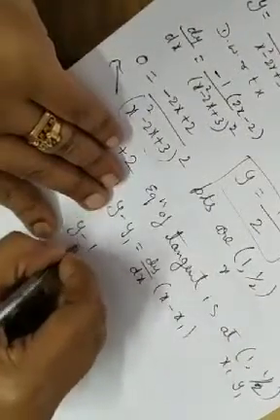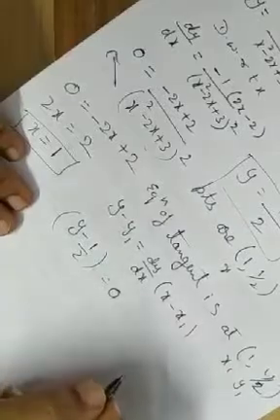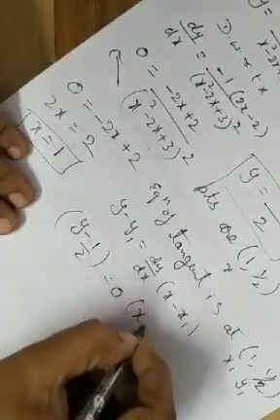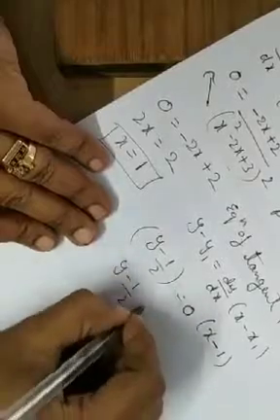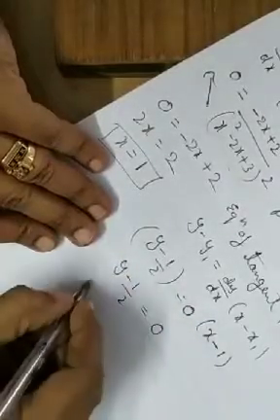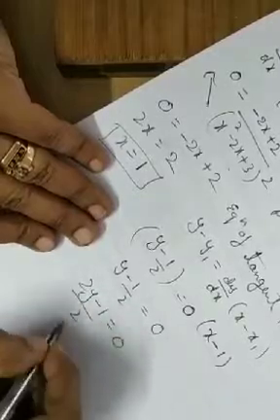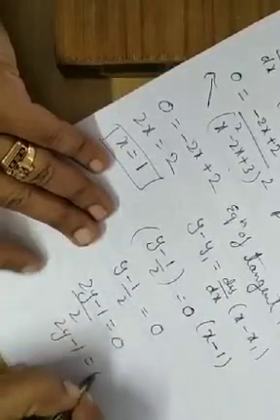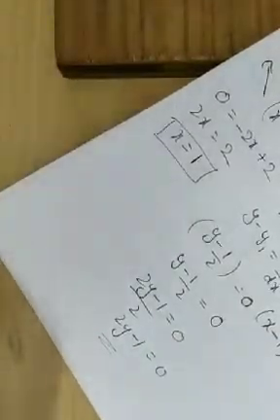So y minus 1 by 2 is equal to, what is dy by dx? dy by dx is nothing but 0, times x minus x1, which is x minus 1. So y minus 1 by 2 is equal to what? 0. So 2y minus 1 is equal to 0, I will take the LCM. So 2y minus 1 equals 0. So which is the required equation?